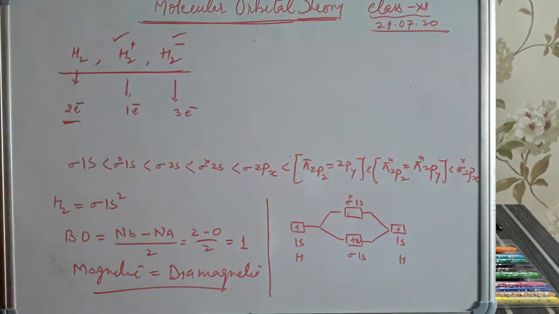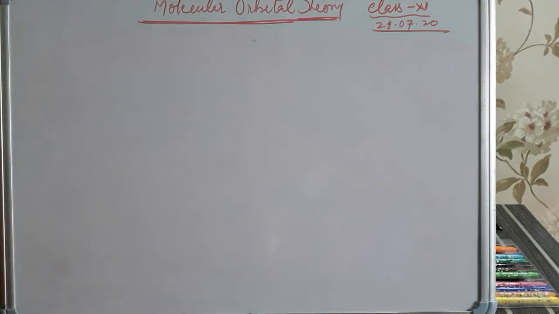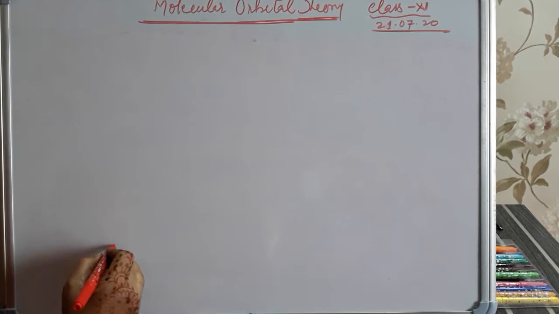Now write down the relative energy order of the different molecular orbitals in the case of nitrogen, oxygen, fluorine, and so on. First see one important thing here.